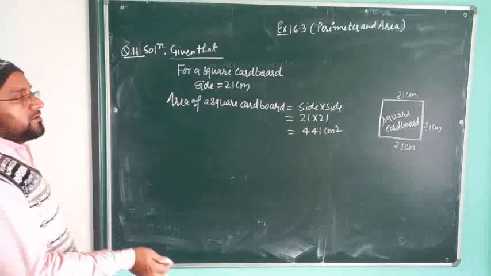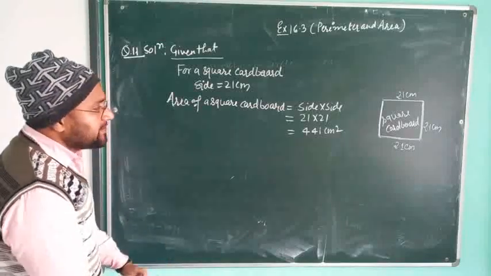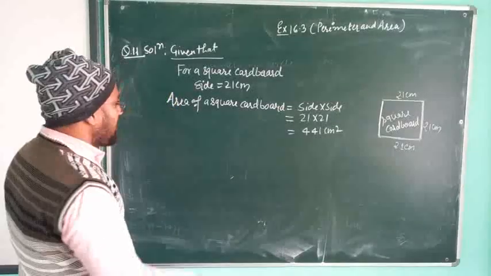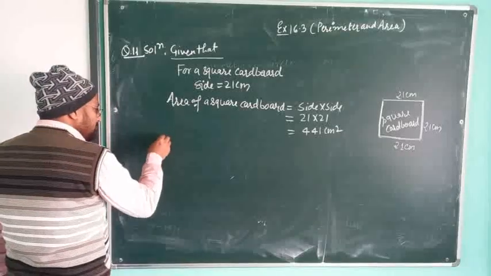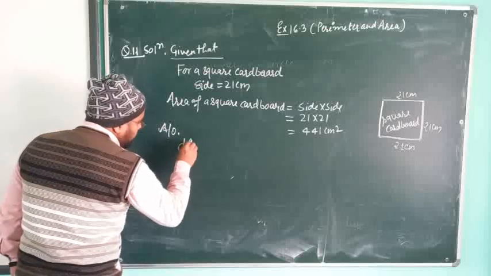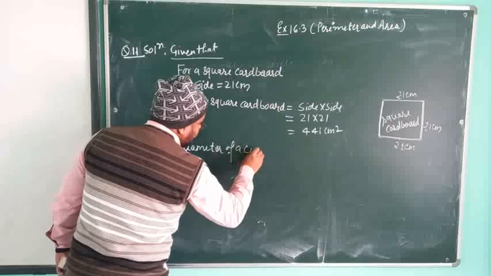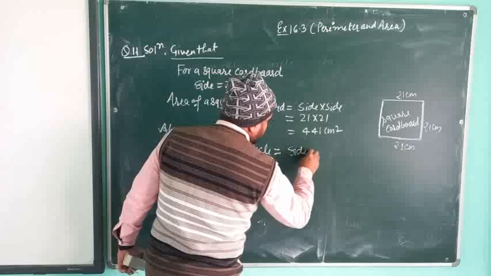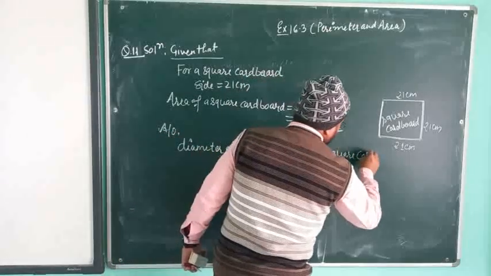In that cardboard, one circle of maximum area is taken. So one circle is cut out from this. So the diameter of the circle, according to the question, is equal to the side of the square cardboard.